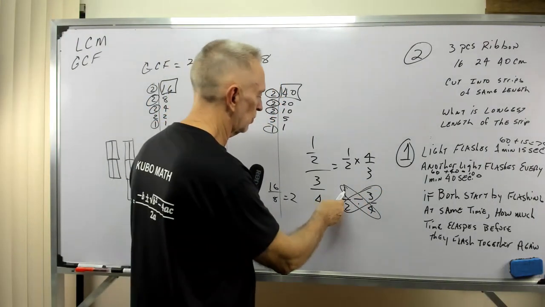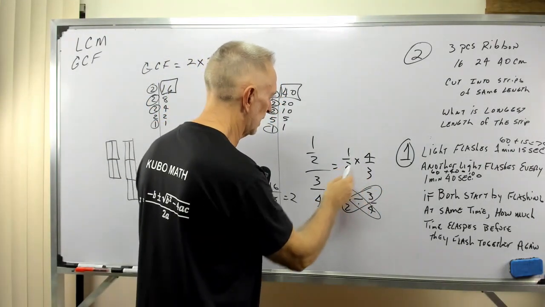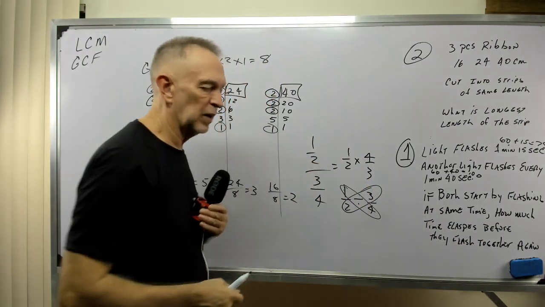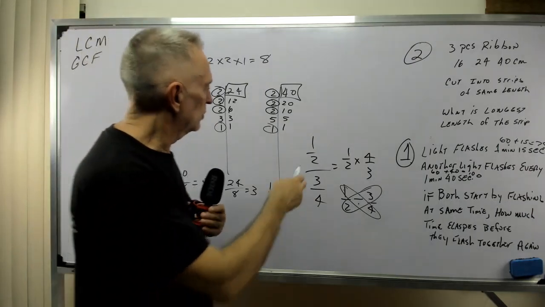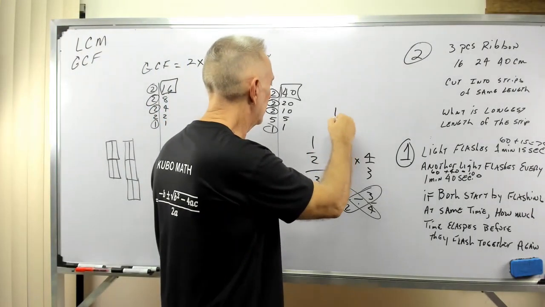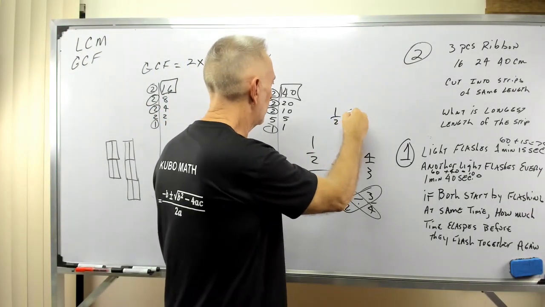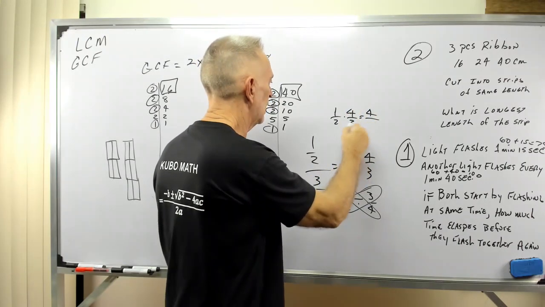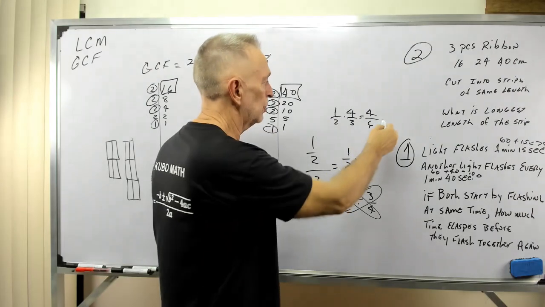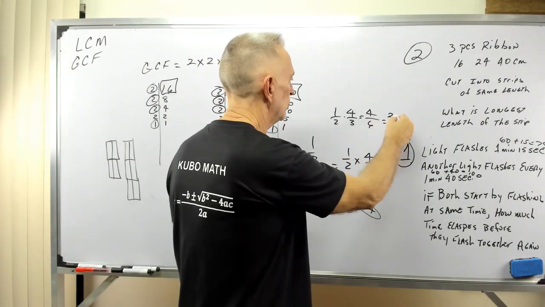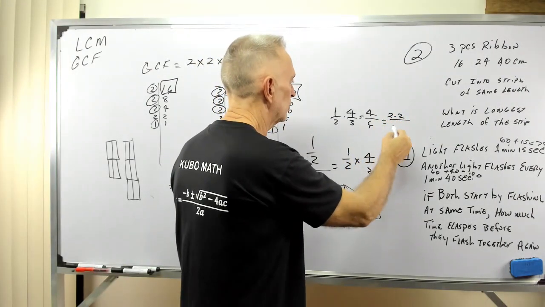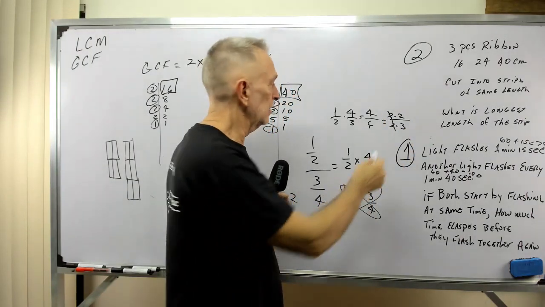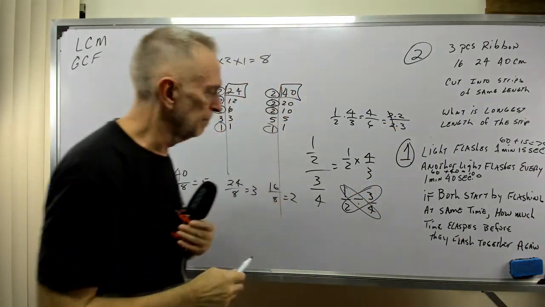So if you'll notice, 1 times 4, 1 times 4, 2 times 3, okay, invert and multiply. But if it's multiplication, 1/2 times 4/3, 4 times 1 is 4, 2 times 3 is 6. Of course you can reduce that. What is 4? It's 2 times 2. What is 6? It's 2 times 3. 2/2 cancel, you end up with 2/3.